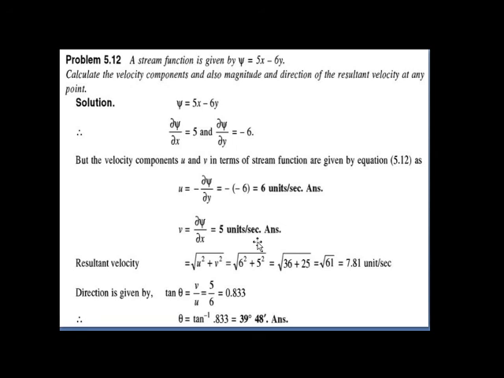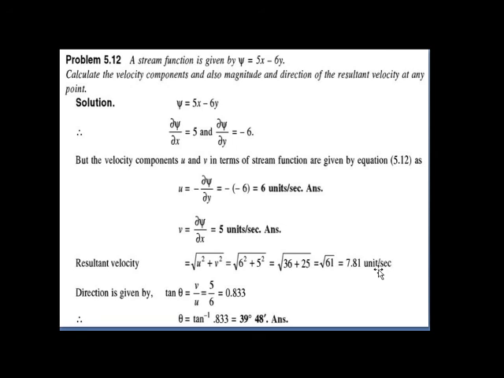These are velocities, so it must be per second. The resultant velocity will be the square root of u square plus v square. U is 6 and v is 5, so we get the resultant velocity as 7.81 units per second.